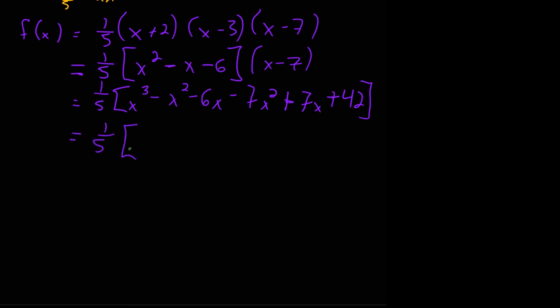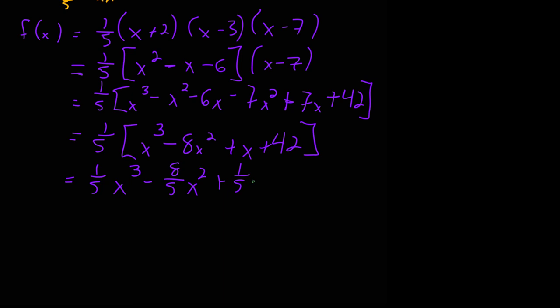And collecting like terms, I only have 1x cubed minus 8x squared plus x plus 42. And then I'll bring my 1/5 through. And we found our polynomial in polynomial form.